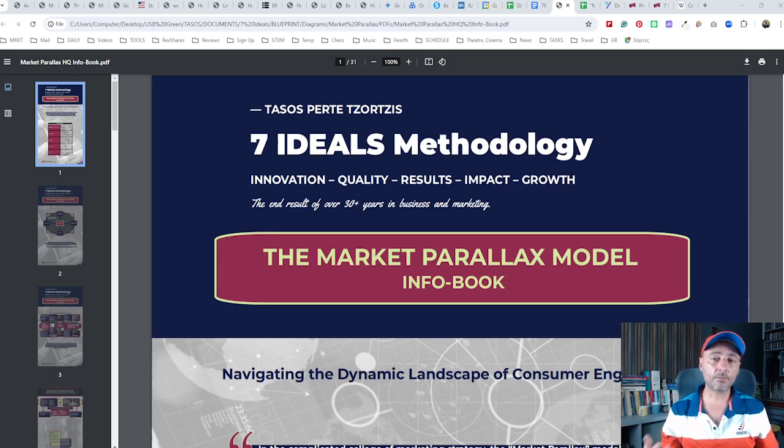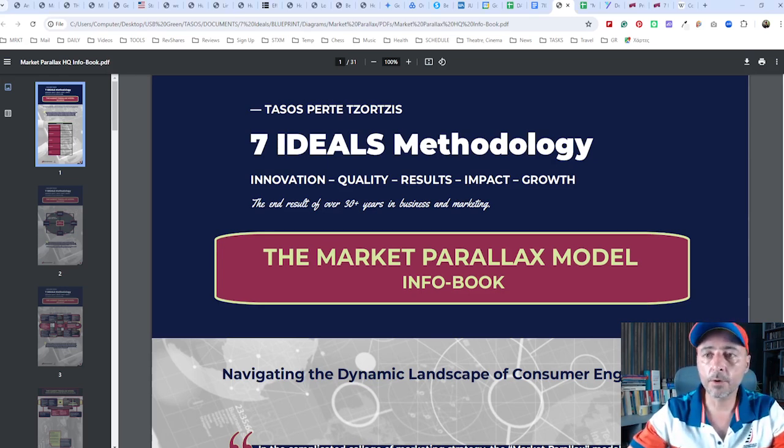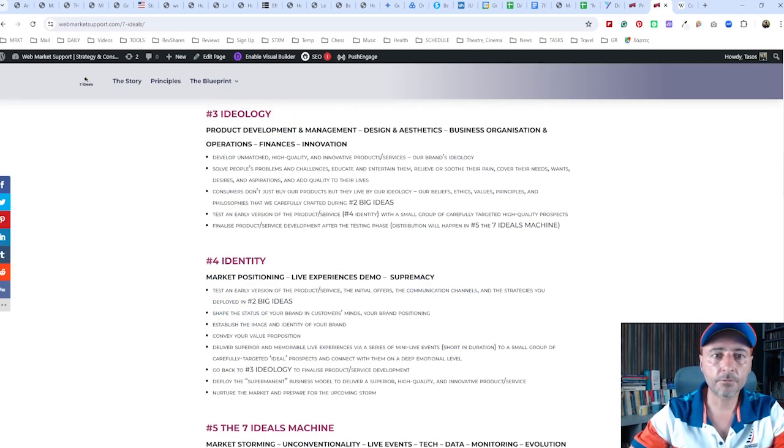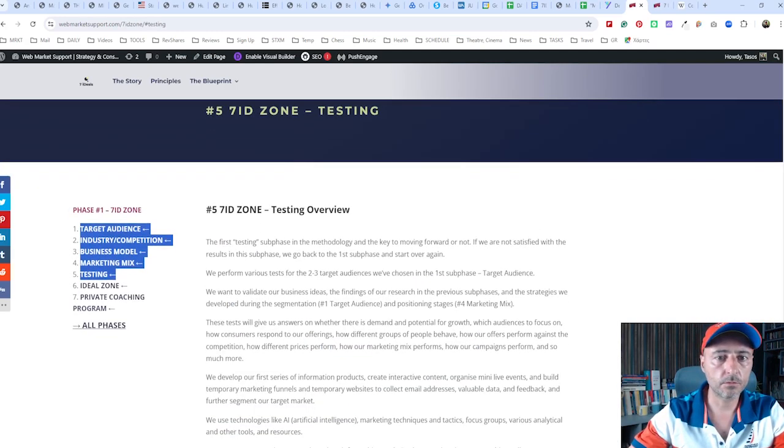And the market parallax model cooperates and coordinates with other models and frameworks. Let me show you.